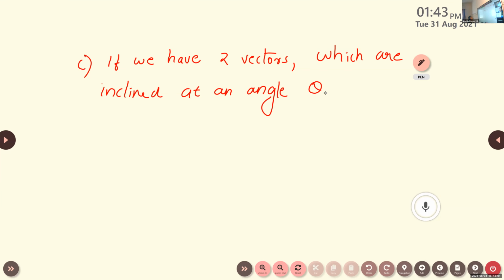Okay, this is our third case. In the first case, two vectors act along the same direction, just like parallel vectors. So what about the angle between the vectors in the first case? The two vectors are acting along the same direction. What about the angle between these two vectors then?